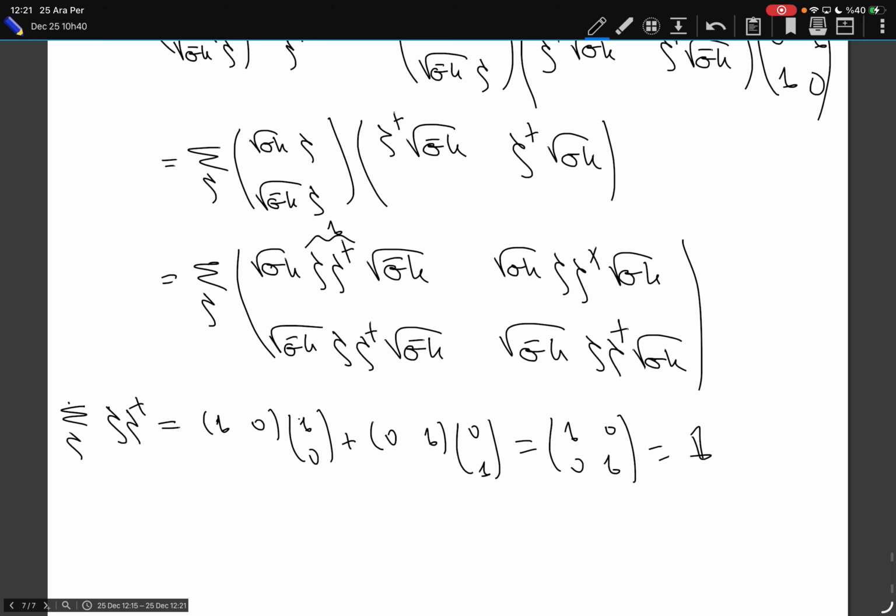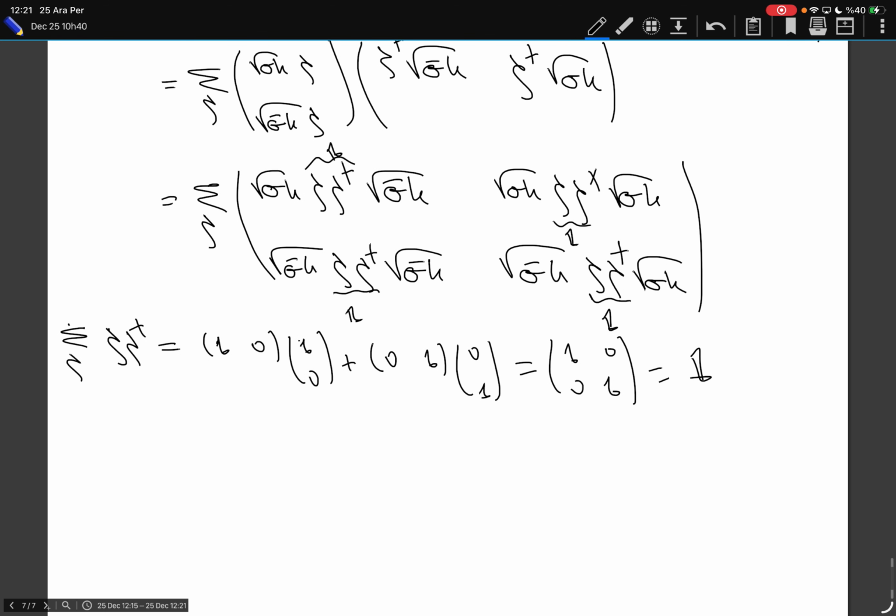All these are identity matrices after summing over xi. This is the simplification of summing over all the polarizations. Now, what will be left? I have sigma, sigma bar products.